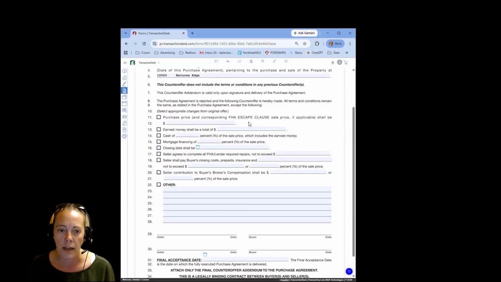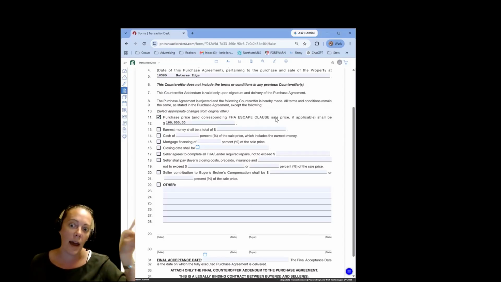First piece is the purchase price. Now, the fun part about this purchase price is when you change it here to, let's say, 180,000, don't forget to check that box, that it also changes the FHA escape clause in the purchase agreement.